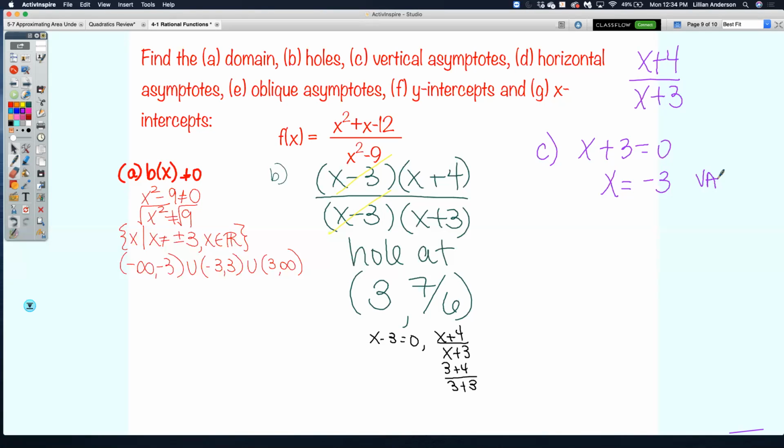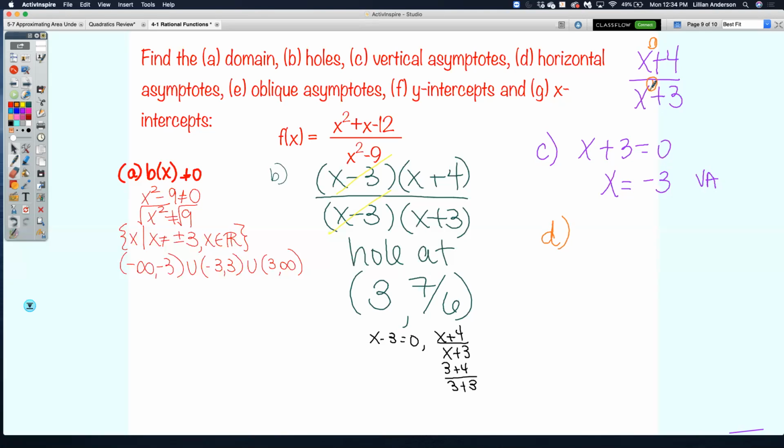Am I going to have a horizontal asymptote here, or is it going to be a slant asymptote? How do I know? The degree is equal. It actually is going to be a horizontal asymptote because the degrees are equal. Remember, we have to look at the degree at the top and the degree at the bottom.